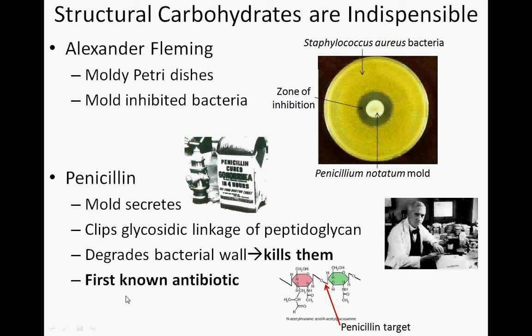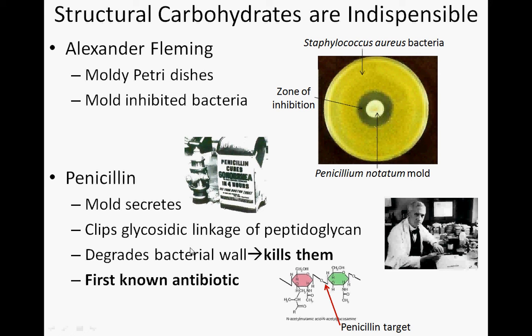I don't know if anybody had common knowledge of that, but if you've ever taken penicillin, that's where it comes from. In any event, it became clear several years later why this actually kills staph bacteria.